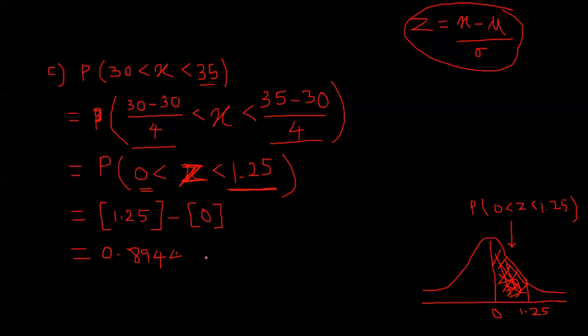Minus area to the left of Z equal to 0 in the standard normal distribution table, you will get 0.5. So the final answer is 0.3944.